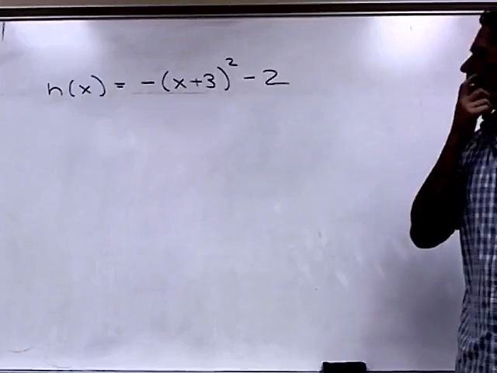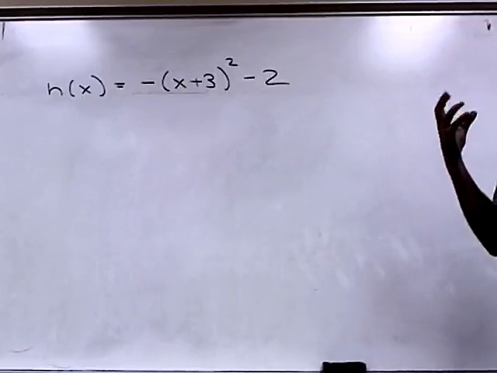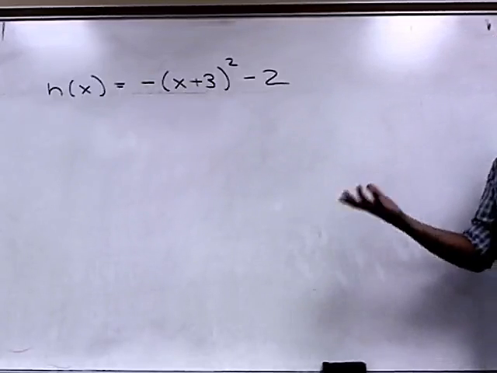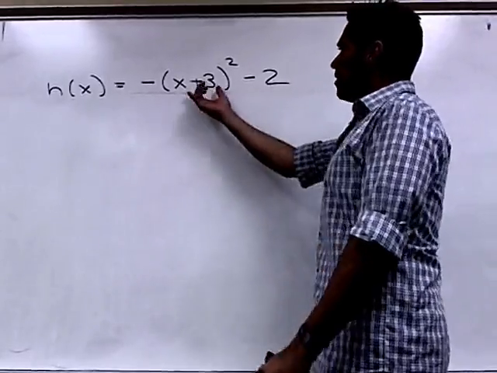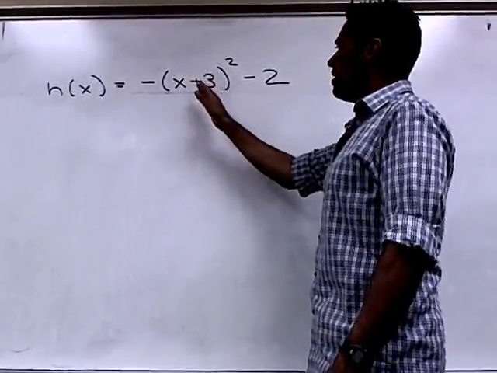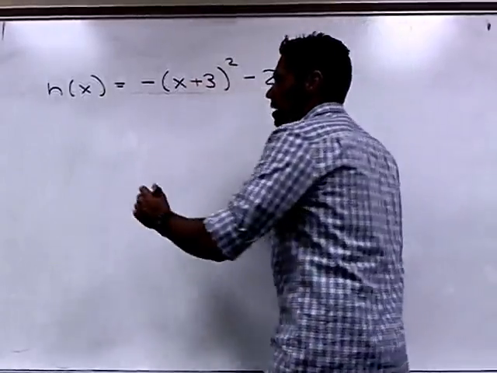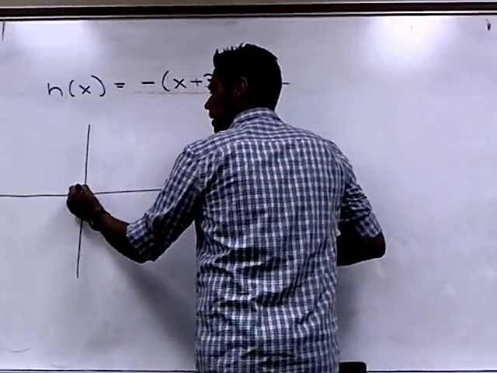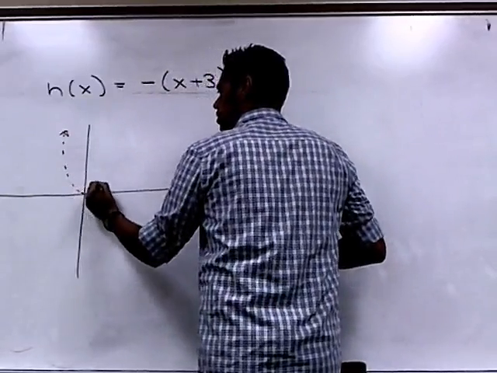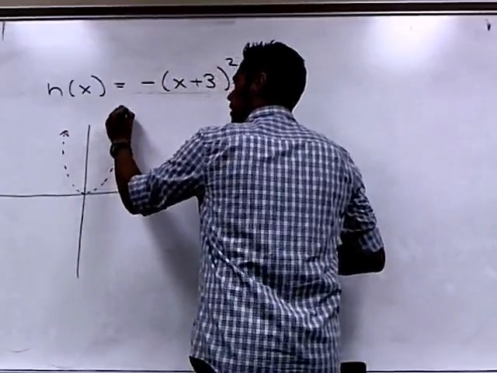So when you look at this, what is the toolbox function we know it's going to look like? X squared, right? Because we have something, here's our x, it's got a number next to it, but basically this is like an x squared. So I know to start with, it's going to look like this U, right? That's x squared.